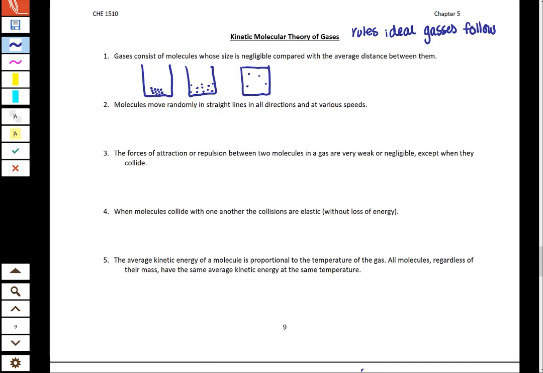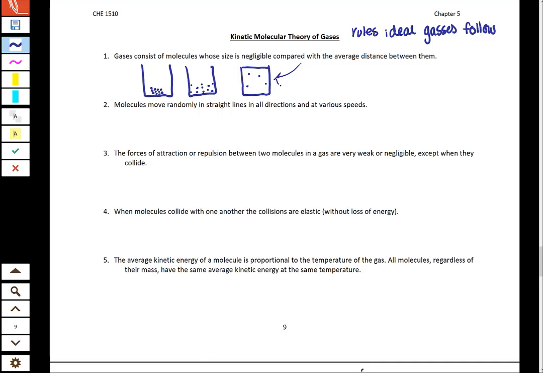Now, these are the types of pictures you've seen since you talked about these ideas in middle school. And when we draw the gas container, we're drawing these small dots to indicate gas molecules or particles.